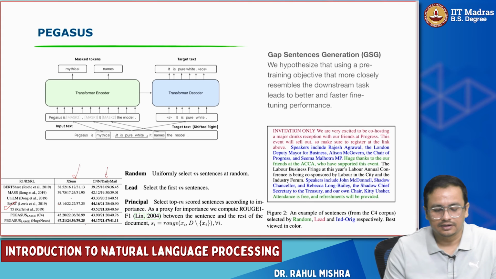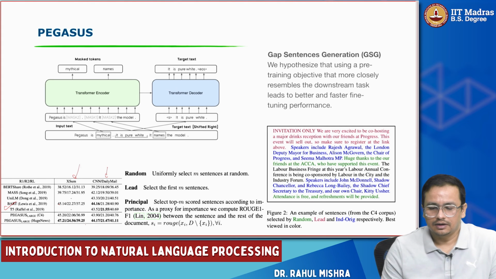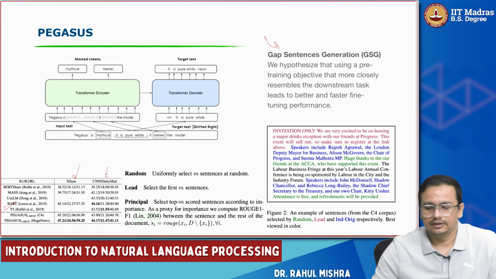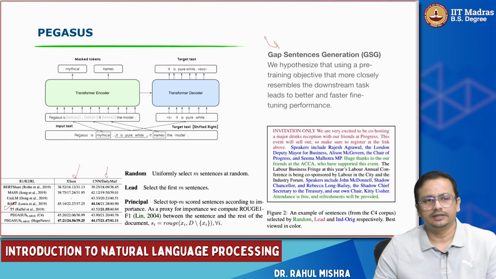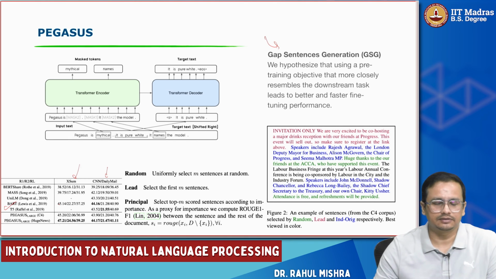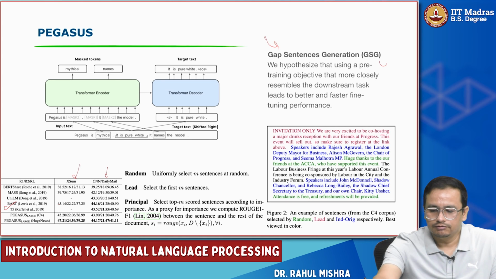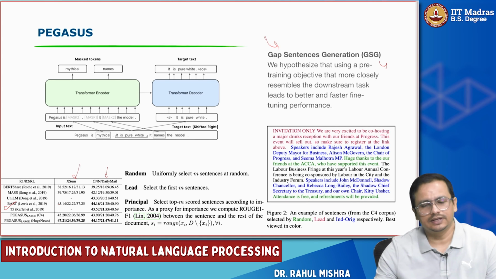So what they did was gap sentence generation. Rather than removing a sentence or a span of words, or adding some new noise, shuffling and so on, they removed multiple contiguous sentences themselves, right?